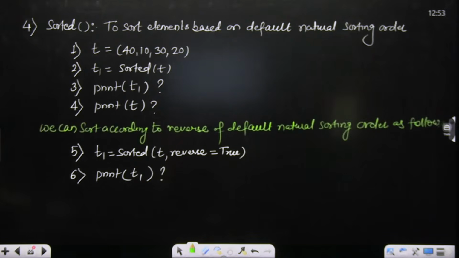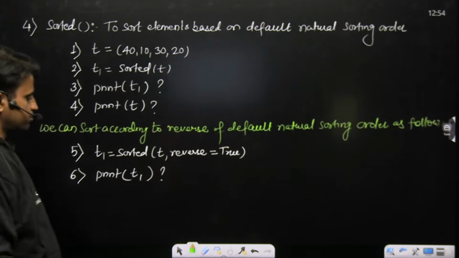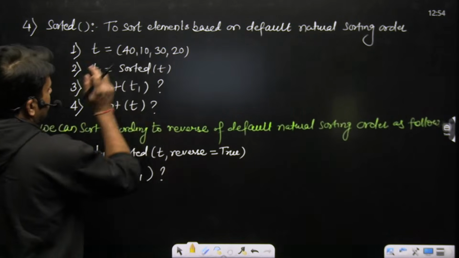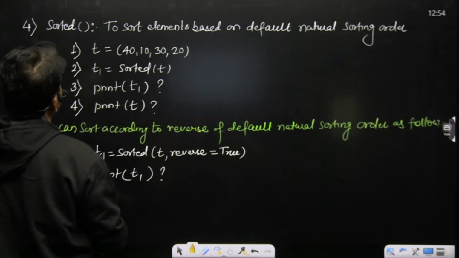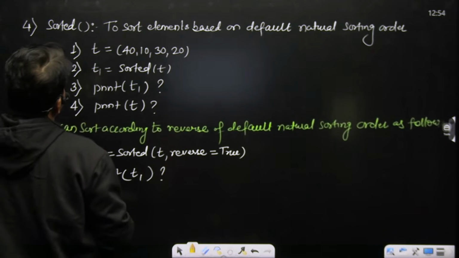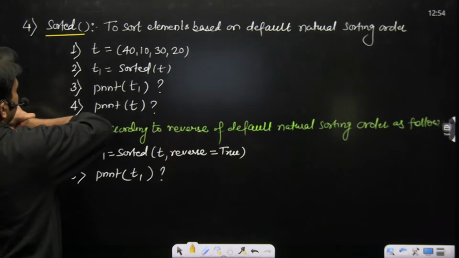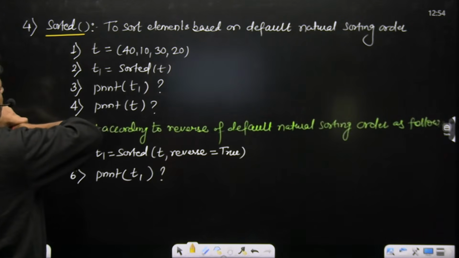Okay, so t equals 40, 10, 30, 20. t1 equals sorted t. The sorted method creates a new list and sorts it in default natural sorting order.